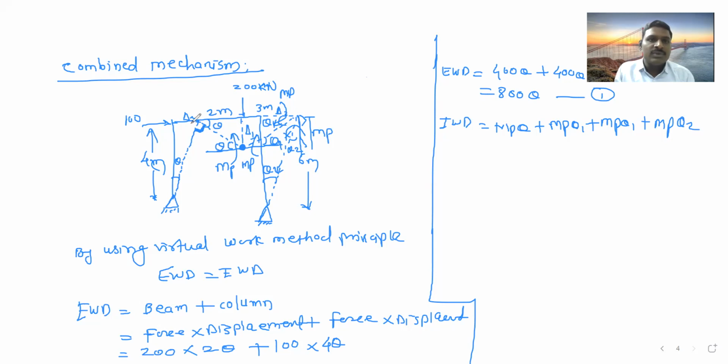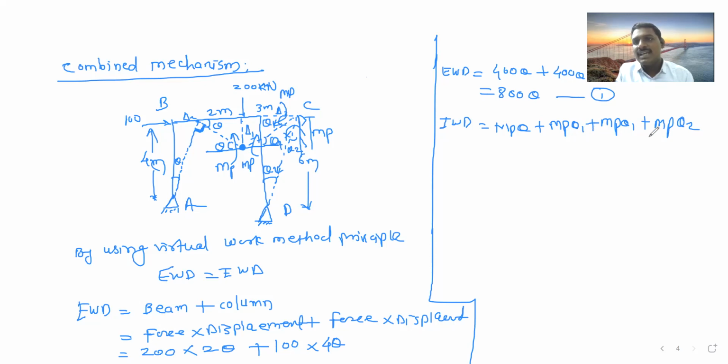This will be absent at B. So only one with theta. So at this C point, this is C point, this is your B point, A and D. So at C point, theta 1 is there, MP is there, and this contracting. So 2 theta 1.